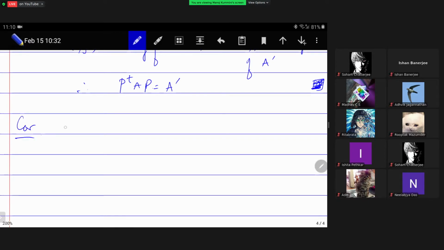Let B and B prime be two bases, and let P be the matrix for the change of basis.